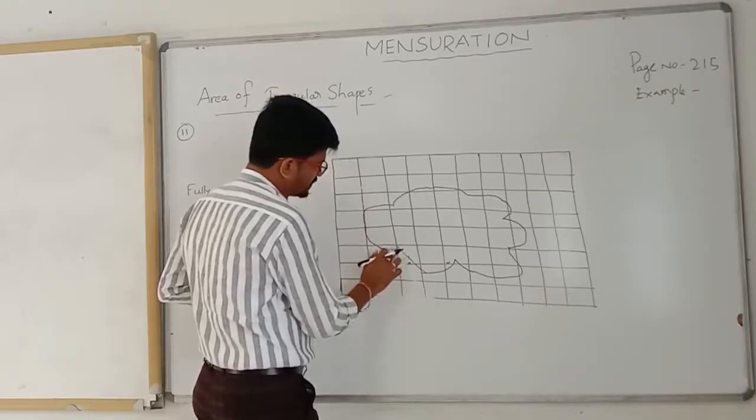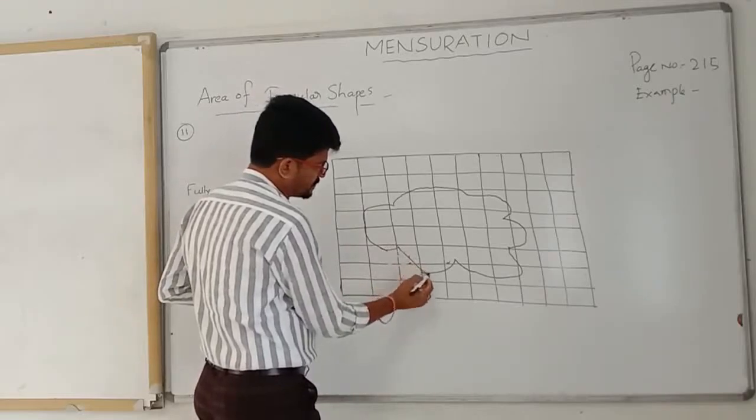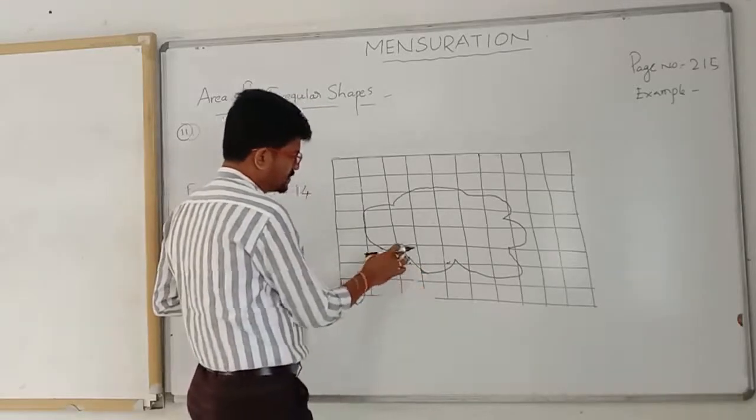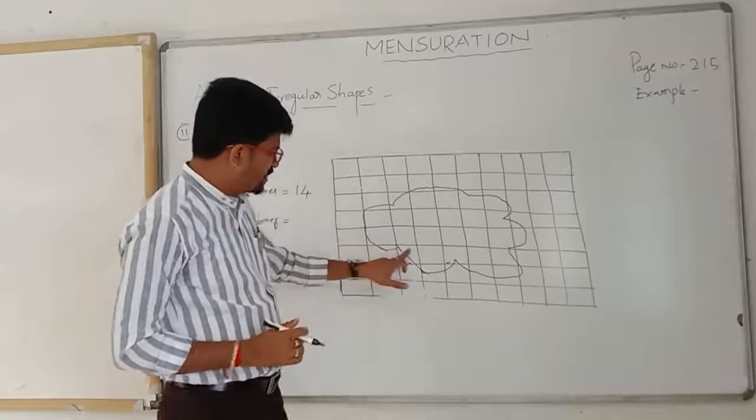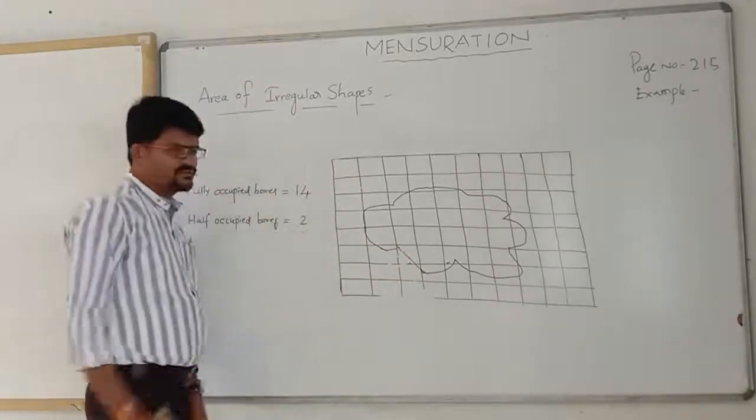For our convenience, I am just changing the diagram here. Look here, this is half and this is half. So two boxes are half boxes.